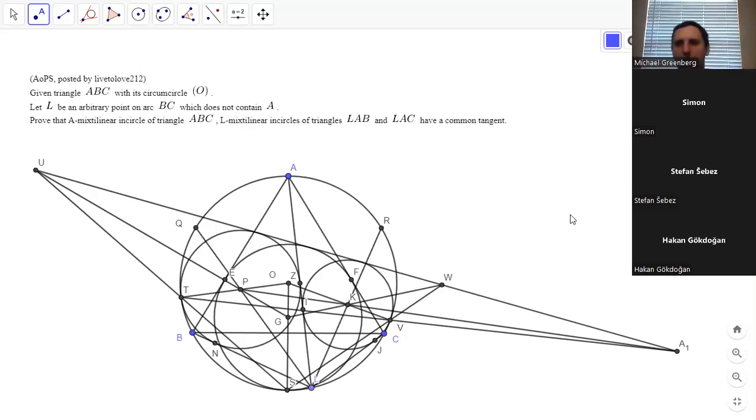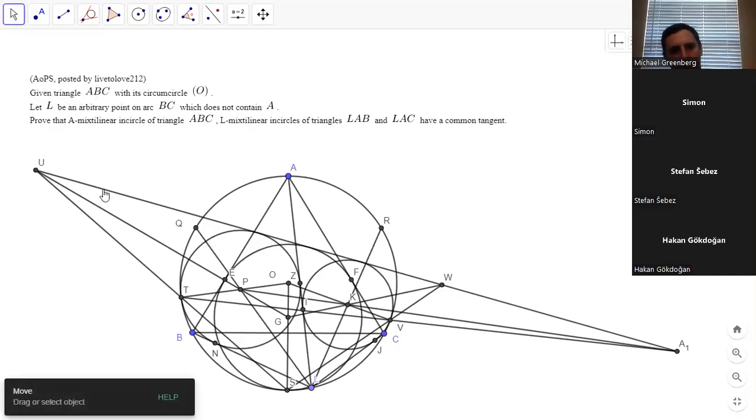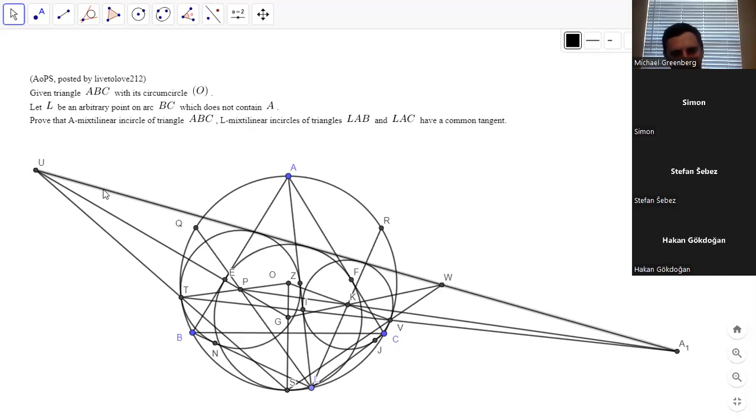Okay, so yeah, we have to show this line is tangent to all three.